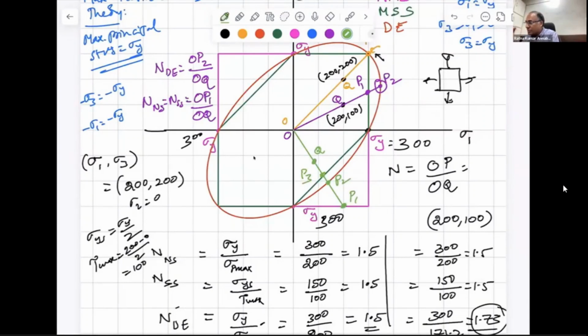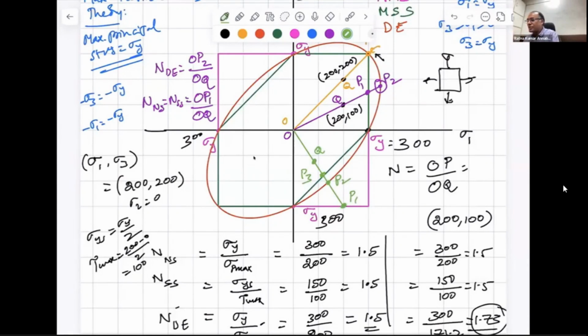And you will see that the maximum normal stress theory does not match with the experimental data. And hence, it is not a good theory to be used for ductile materials. Whereas shear stress theory and distortion energy theory match with the experimental data reasonably well, and hence they are better theories to be used.